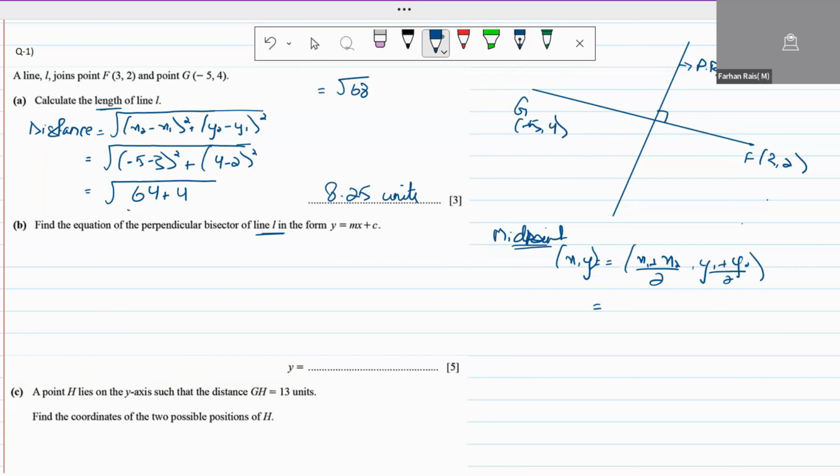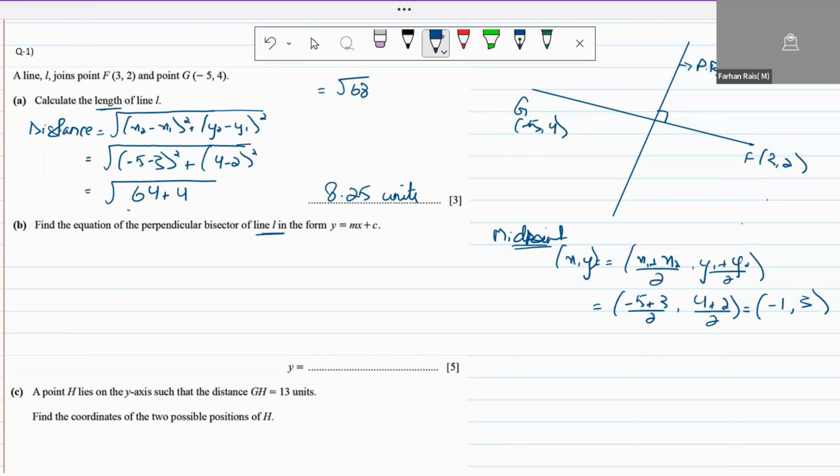So for these 2 points, it would be (-5 plus 3) upon 2 and (4 plus 2) upon 2. -5 plus 3 is -2, upon 2 is -1. 4 plus 2 is 6, and 6 upon 2 is 3. We've got the midpoint as (-1, 3).